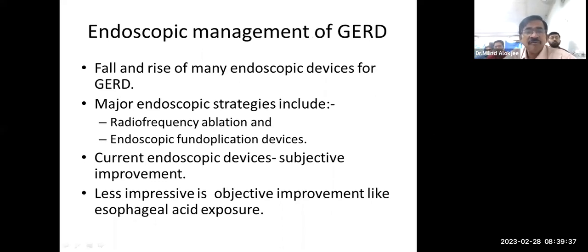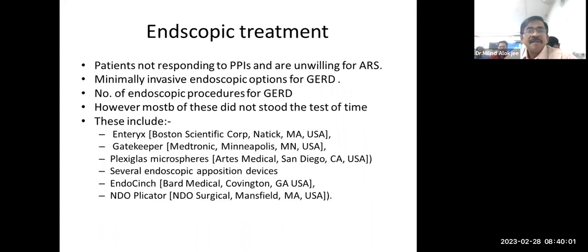A bridge was required to see whether the patient can benefit from some endoscopic procedures. So there are different endoscopic procedures being tried in patients with GERD, like radiofrequency ablation and endoscopic fundoplication devices. Current endoscopic devices have much improvement. However, these endoscopic procedures are less impressive and there is poor response to the reflux.